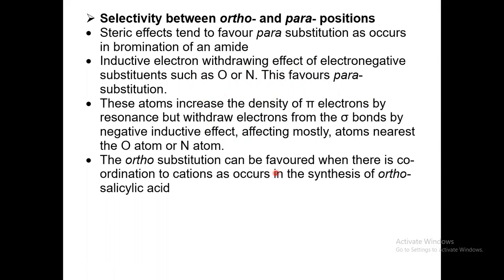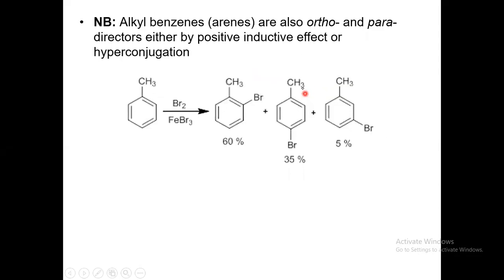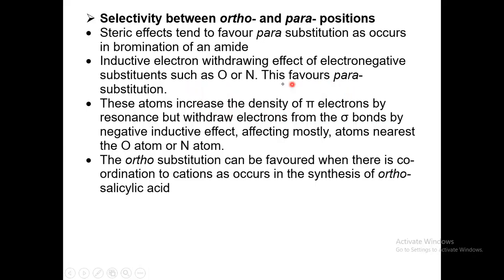The oxygen, because it's highly electronegative, will withdraw electrons from the ring through the inductive effect, and the same oxygen will also increase the pi electron density in the ring through resonance. And we are saying that these favor the para positions.